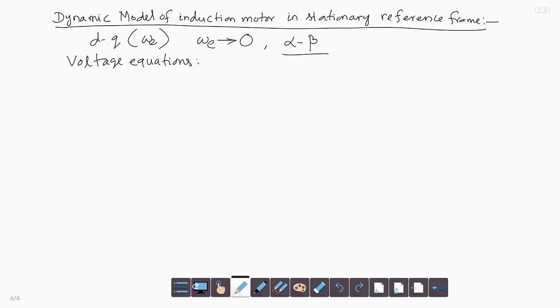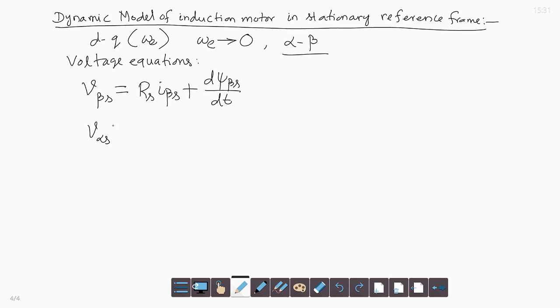In the stationary reference frame, V beta S for the beta axis stationary winding is R S I beta S voltage drop plus transformer EMF d psi beta S by dt. There is no rotational EMF because omega e, the reference frame speed, is set to be 0.